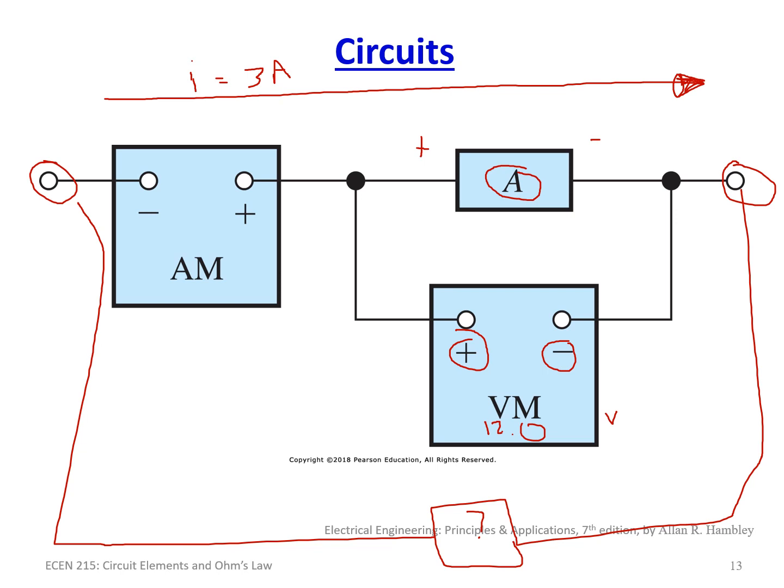So P is equal to V times I, which is equal to 36 watts, and it's being absorbed because the current goes in the positive and leaves the negative terminal, right? So we know those two things.